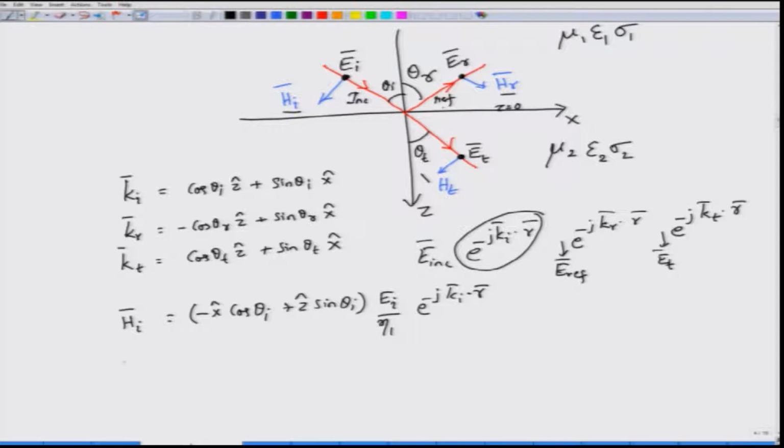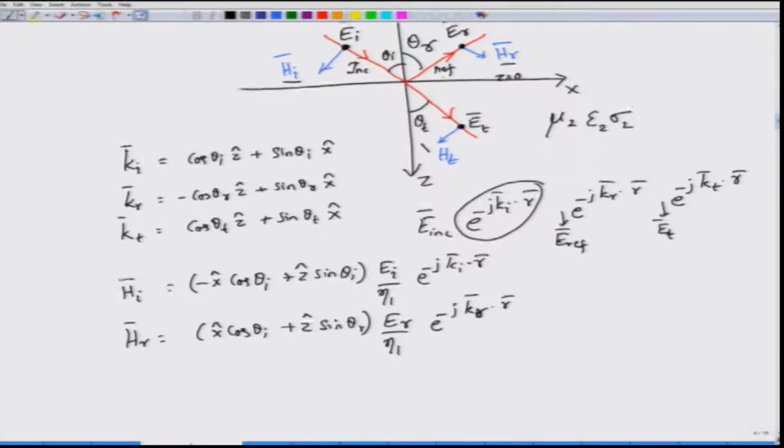Okay. And similarly, you will have Hr given by x hat cos theta r, you can see the angles from the figure, plus z hat sin theta r, Er divided by eta 1 e to the power minus j k r dot r.